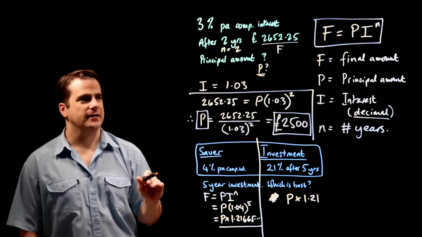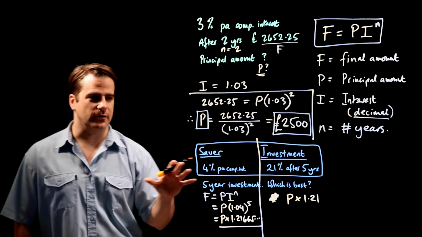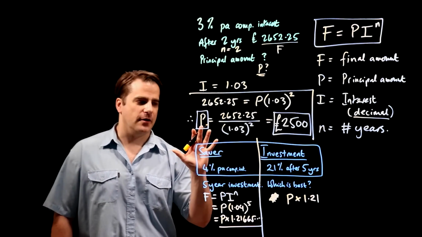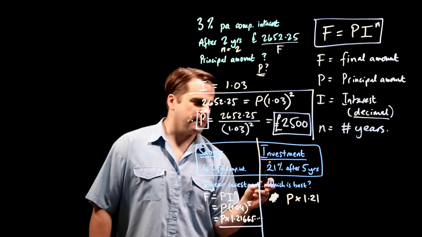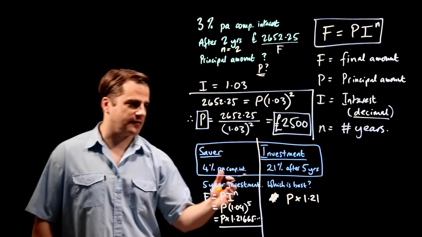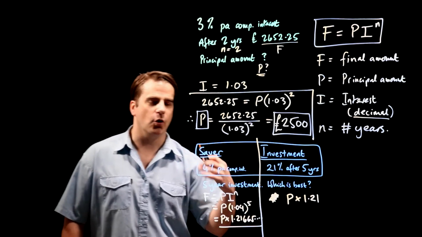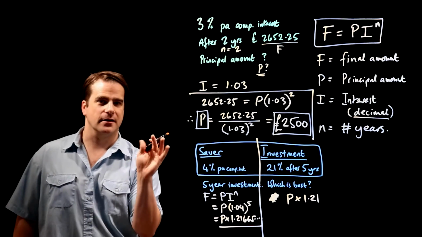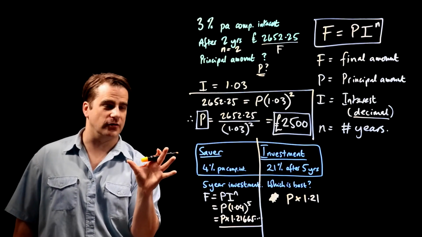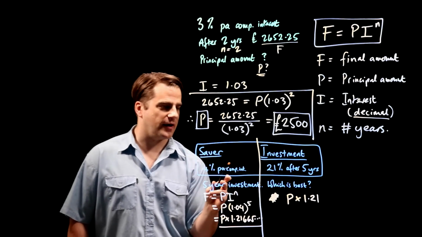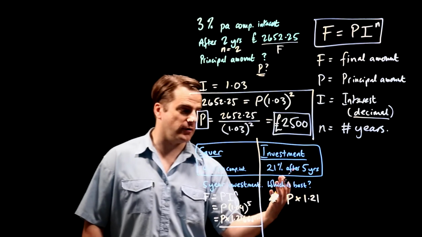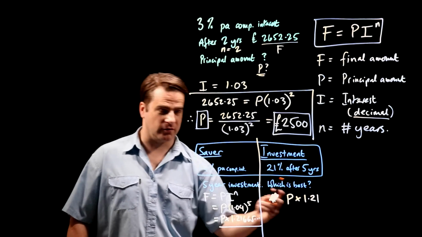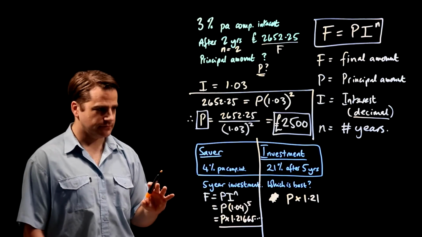I'll just go over that again. I don't want to confuse you or go into this too much. All I'm saying is that the interest you get is 0.21 times P, okay? But you've got P, the principal amount, as well on top of that. So that's 1 times P plus the interest, which is 0.21 times P. So that's a total of 1.21 times P. Okay, let's move on.